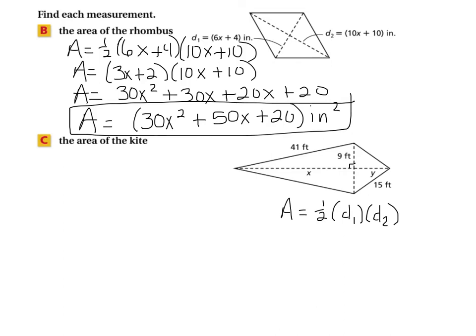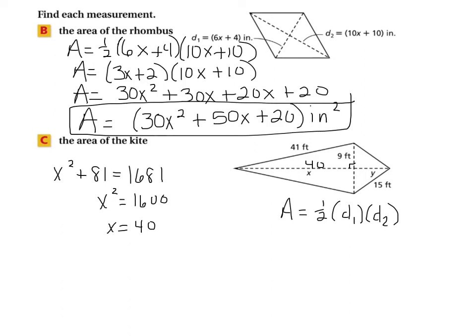The diagonals are perpendicular. So if we use the Pythagorean theorem, we could do x squared plus 81 equals 41 squared, which is 1681. x squared equals 1600, and x would equal 40. So we know x is 40.